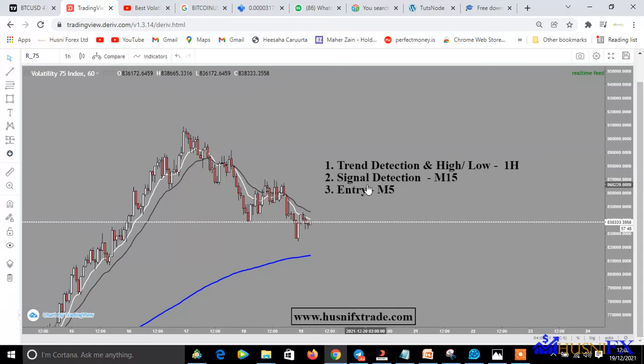Number two, we have to understand how to identify the signal. We need to know where it's possible to enter the market, and we shall use M15, the 15 minutes chart. And when we get the signal, we still need the confirmation.